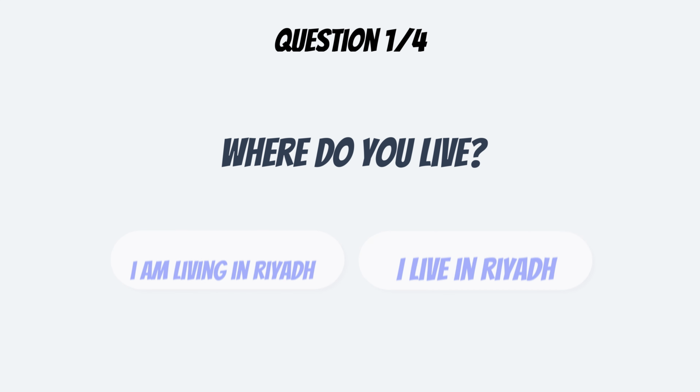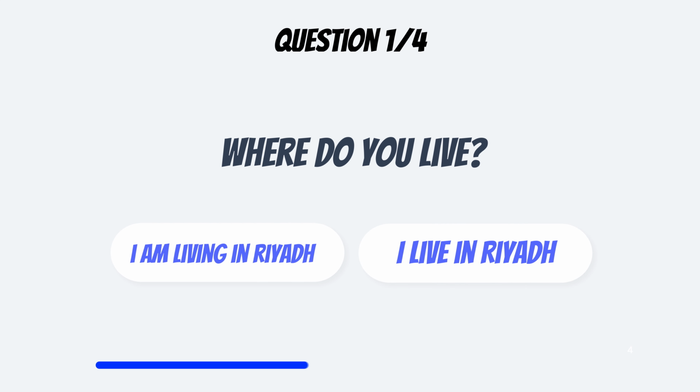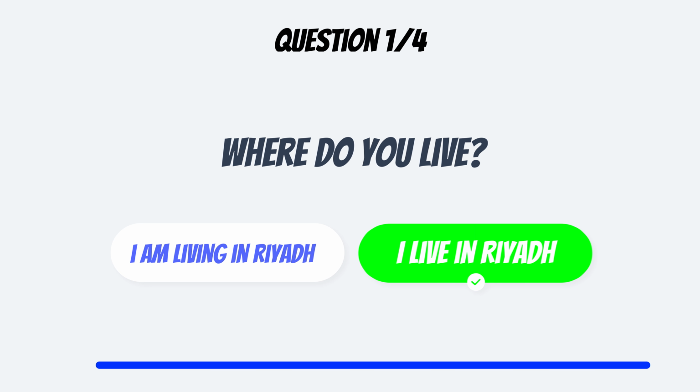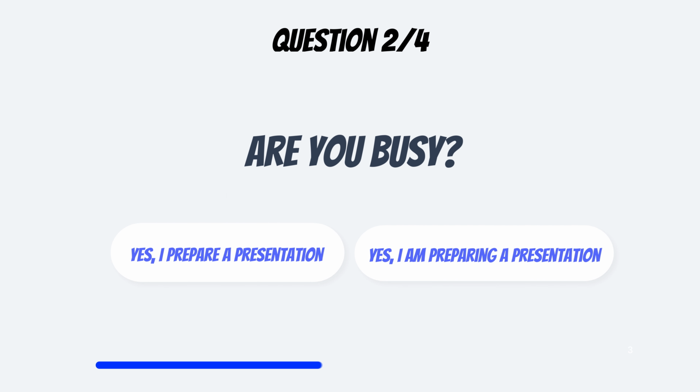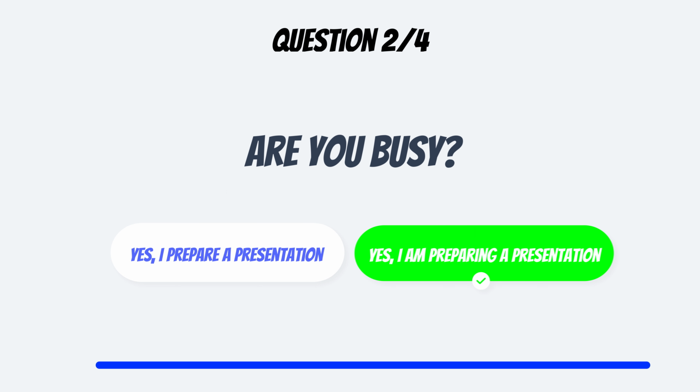I'll give you a situation, you apply the test, and then I'll give you the answer. Let's do it together. Number one. I live in Riyadh. Number two. Yes, I am preparing a presentation right now.